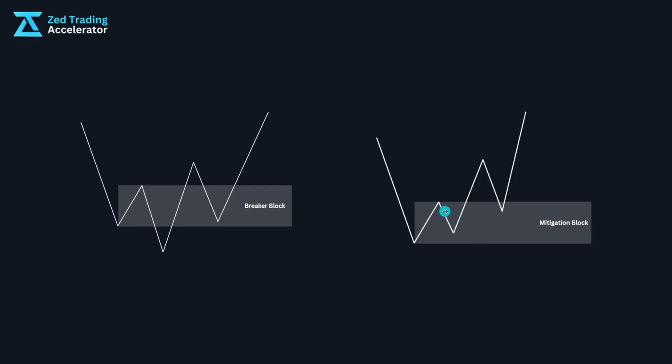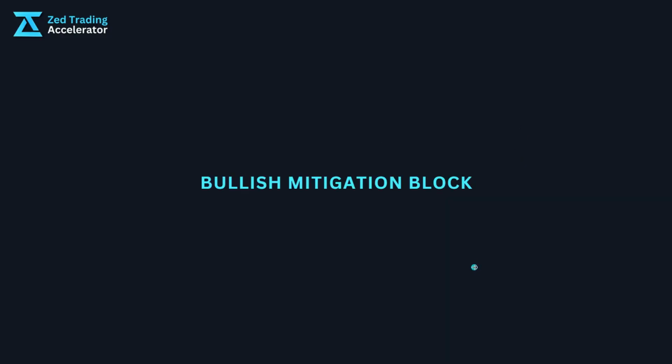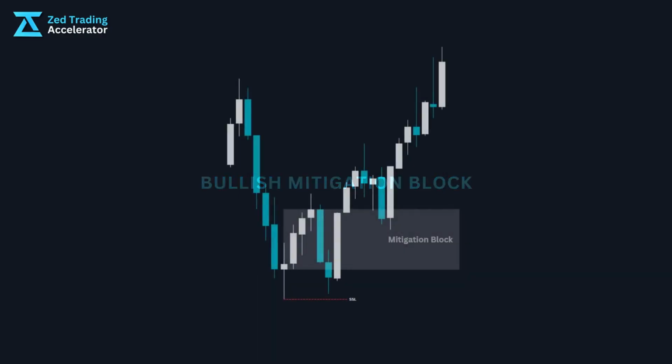But price failed to do that in the mitigation block, alright? So basically the up close candle right here is a mitigation block right away, since it is neither an order block nor a breaker block. And as we can see, we have shifted higher and price found support in this area and continued higher. So this is what a bullish mitigation block looks like in a live market example.